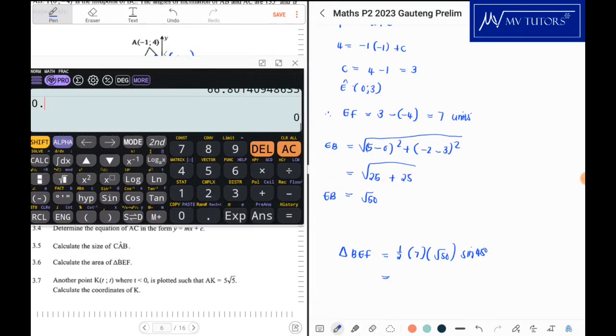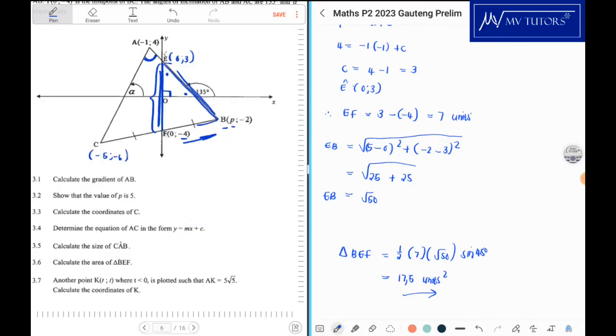So a half times 7 times root 50 multiplied by sine 45, which is a special angle, and we get 17 and a half. I'm going to write it in decimal form. 17.5, and this is area, so please don't forget squared units, a unit squared. And that is it with question 3.6.